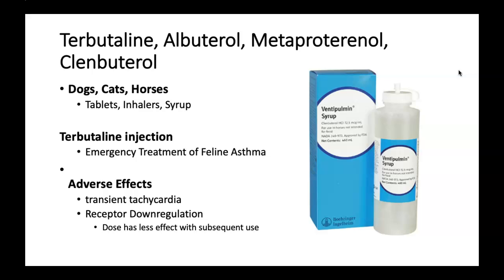The terbutaline injection is for an emergency treatment of asthma, so it's not very commonly used otherwise. As I mentioned, there's a transient tachycardia that can occur with all of these. It happens immediately right after the administration, then it disappears. And we potentially can get receptor downregulation as well, so that the dose has less effect with subsequent use.